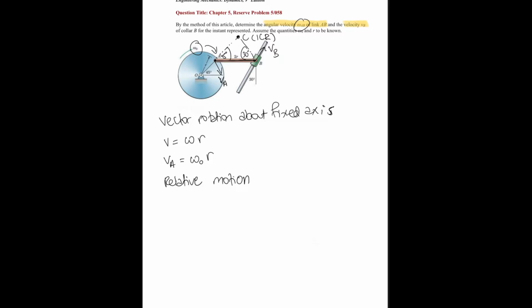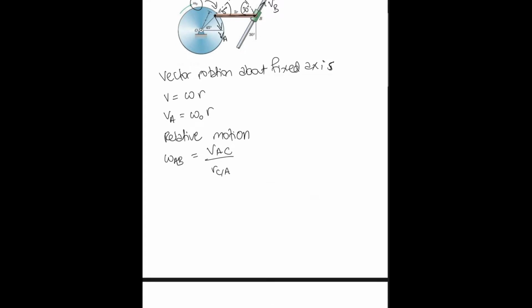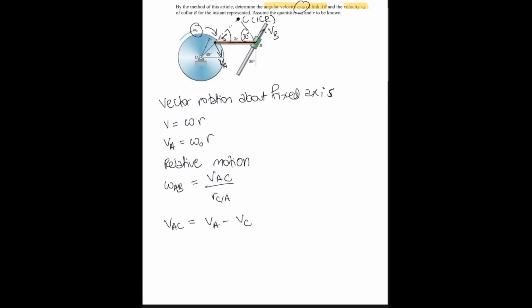And we know that the center of rotation is going to be C, so we want to find the angular velocity of the link in terms of VAC, right? So VAC is going to be equal to VA minus VC. But because C is just the center of rotation, and it's a fixed point, it's going to be equal to 0.